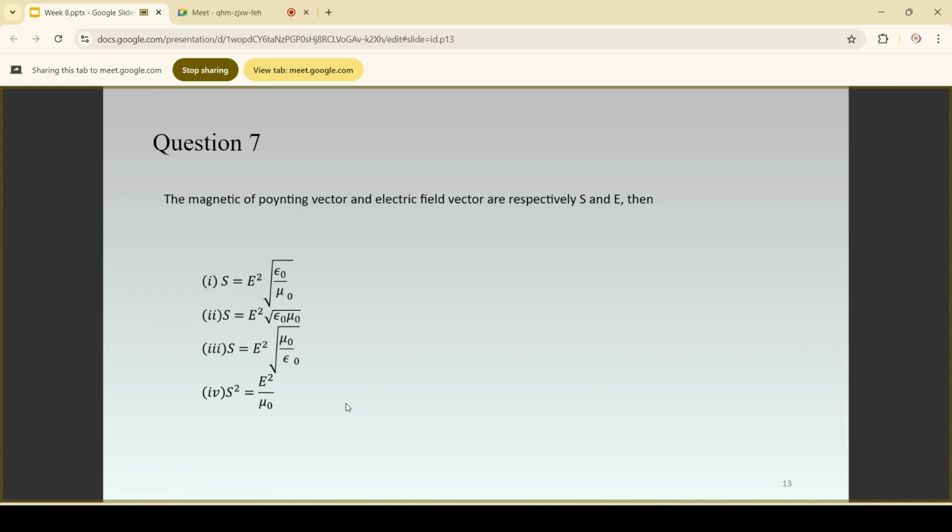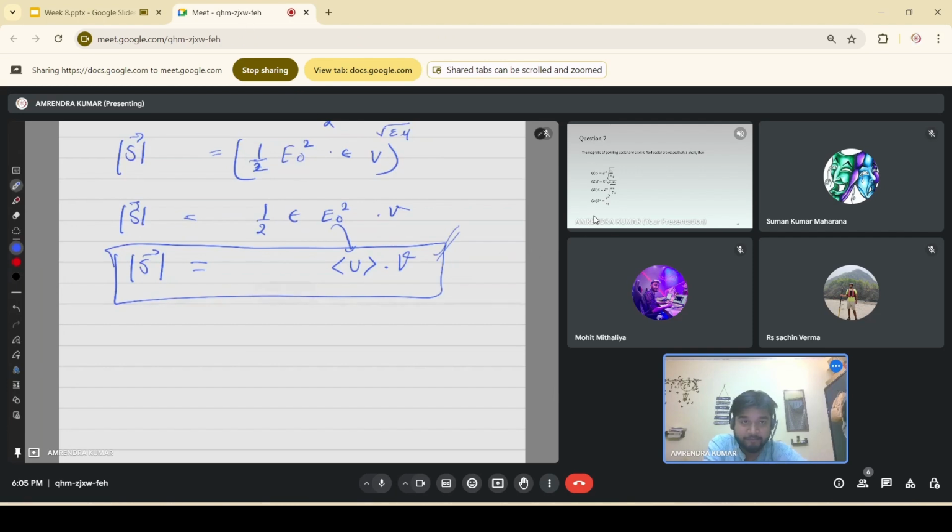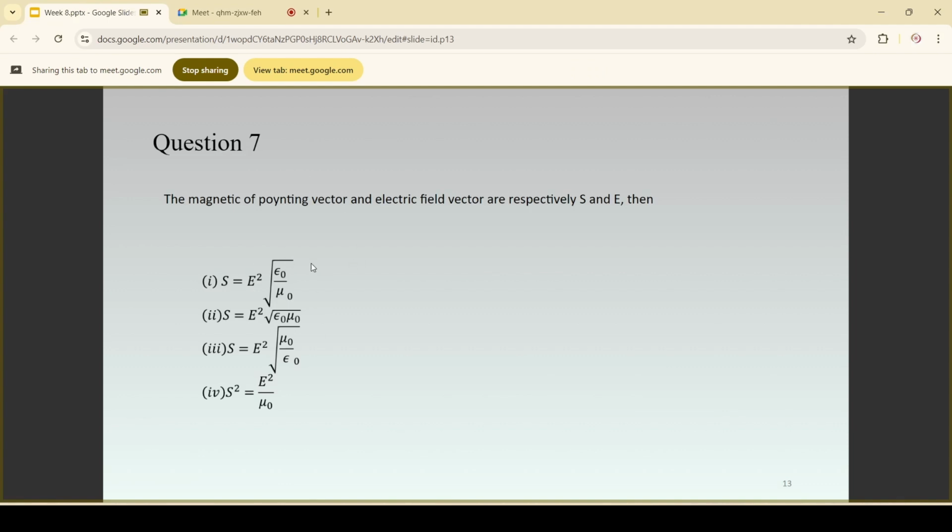So as we can see from our previous derivation, the amplitude, if you ignore the half factor, is proportional to E square, and it's in a vacuum. You can see from the very first equation, from this magnitude, it was under root of epsilon over mu times E square.